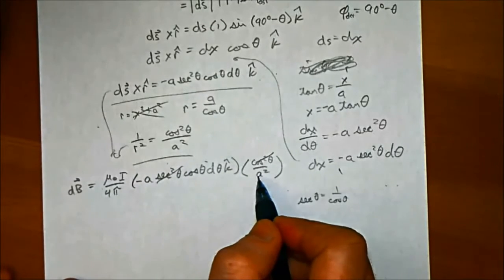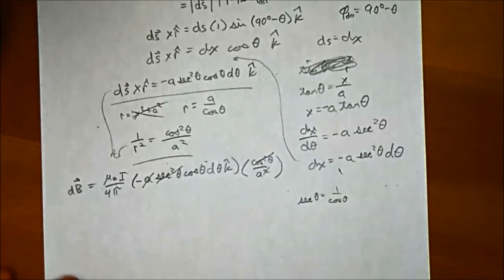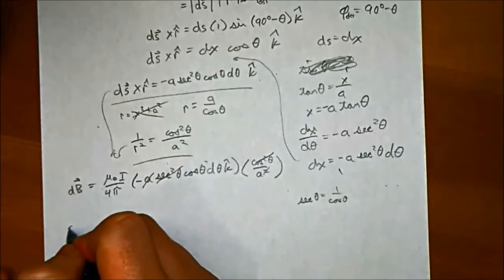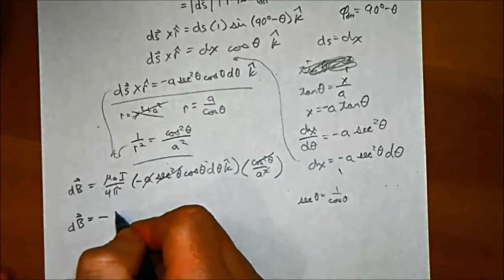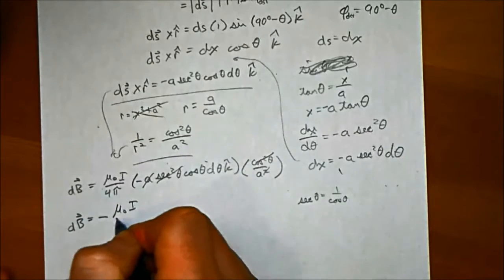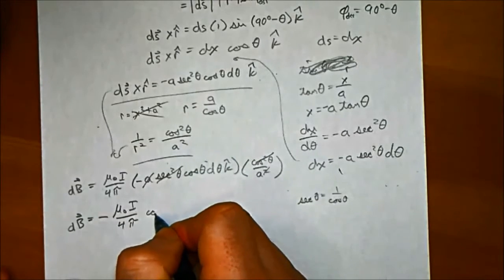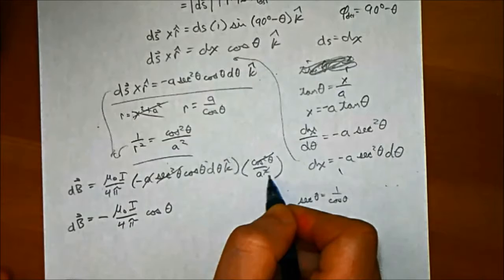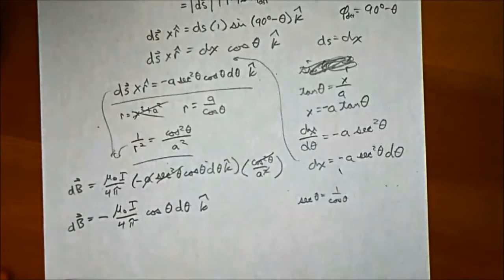You can move that out. And one of this a cancels, and this exponent is reduced by 1. So dB then is equal to negative mu naught I over 4 pi a times cosine of theta d theta k hat.